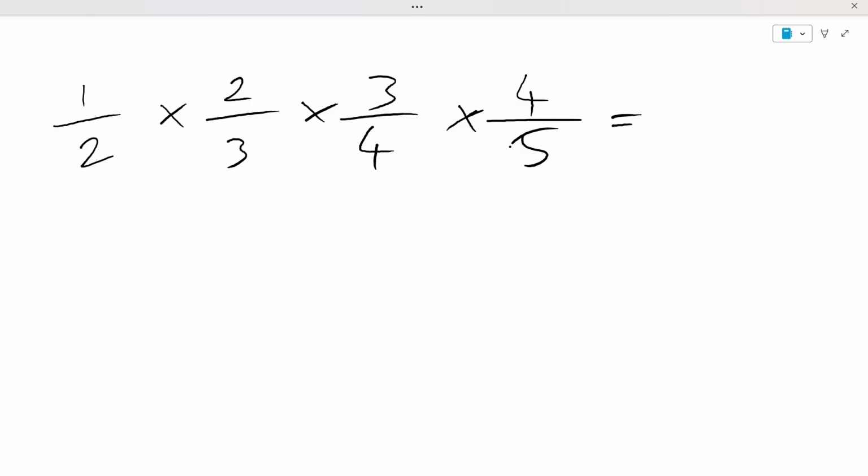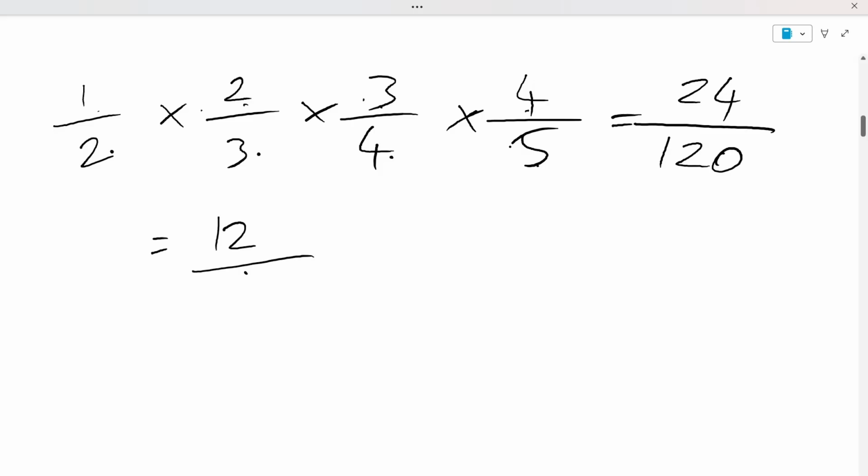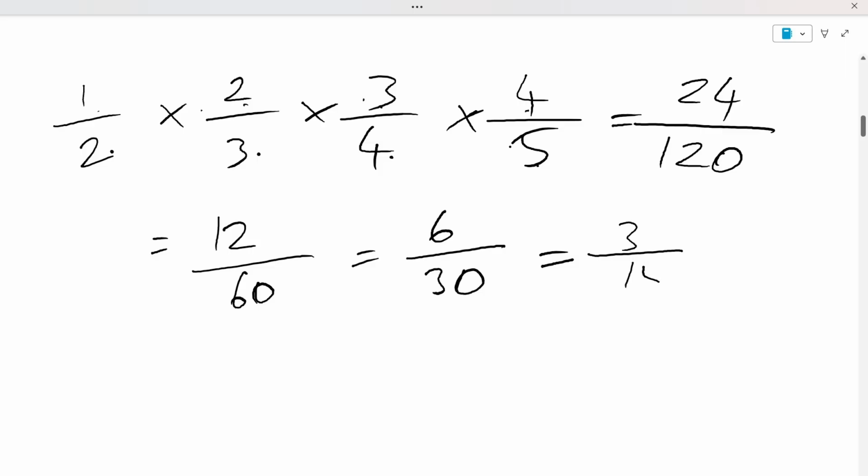So if I was to do this normally, I'd have 1 times 2 times 3 times 4, 4 times 3 is 12, times 2 is 24, and here I have 5 times 4 is 20, times 3 is 60, times 2 is 120. So I'd have 24 over 120, and I can divide top and bottom by 2, and by 2 again, and by 2 again, and then by 3. So the answer is just a fifth.